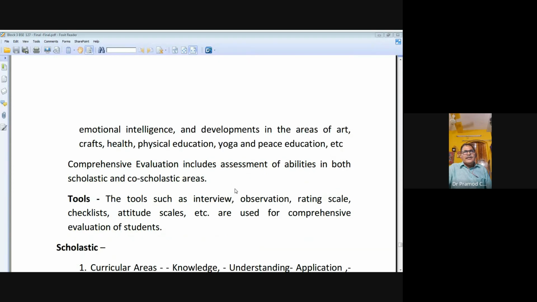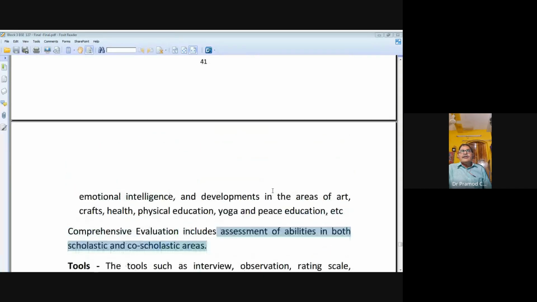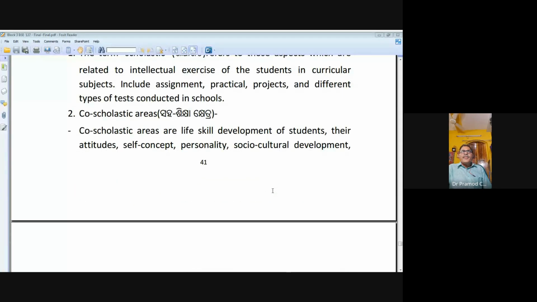So comprehensive evaluation includes assessment of abilities in both areas, that is scholastic and post-scholastic area. Post-scholastic means you know that the students have the scope to develop their own skills.